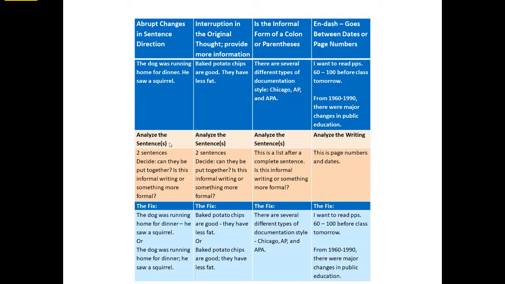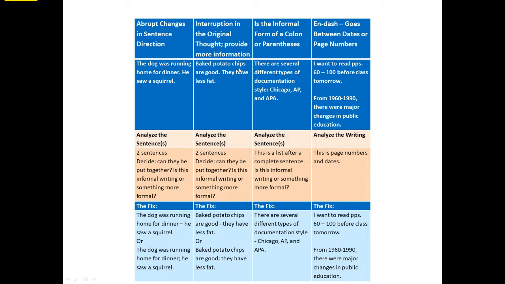So, the first sentence, the dog was running home for dinner, dash, here's that abrupt change in the sentence, he saw a squirrel. We can also write it as, the dog was running home for dinner, semicolon, he saw a squirrel, period.